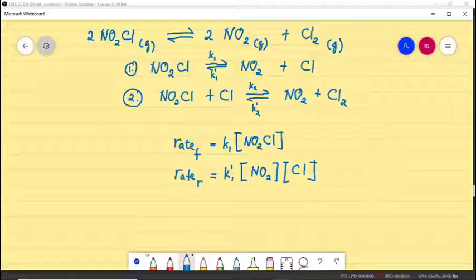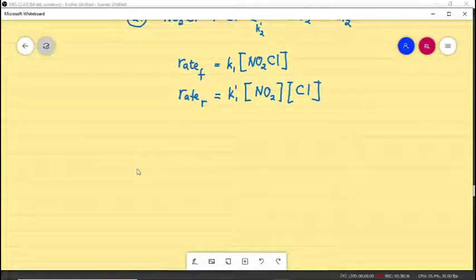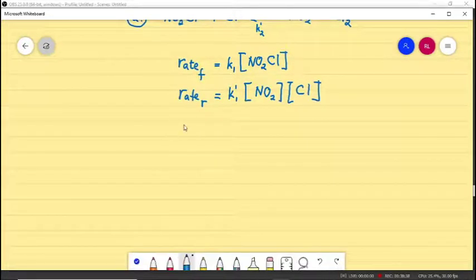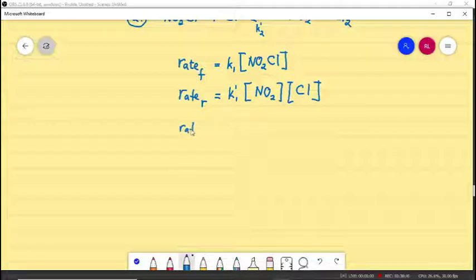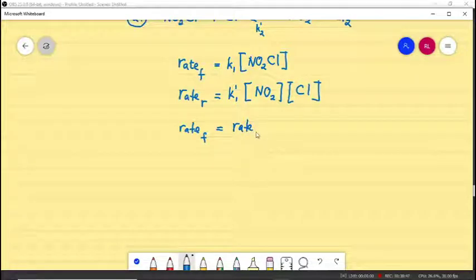Now, since this is in equilibrium, then therefore we can say that the rate of forward reaction is equal to the rate of the reverse reaction.